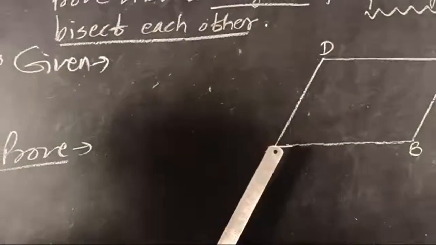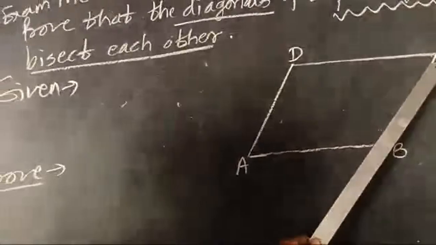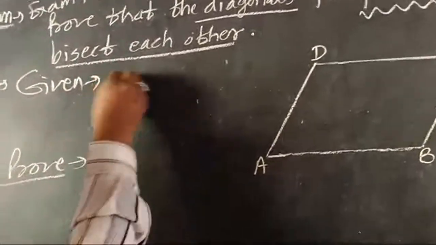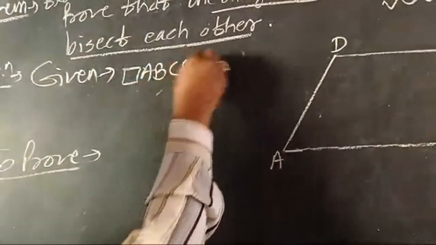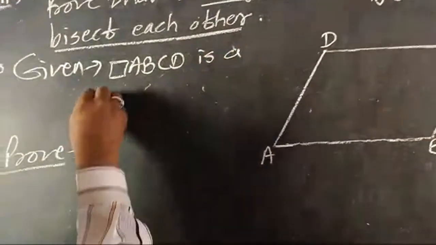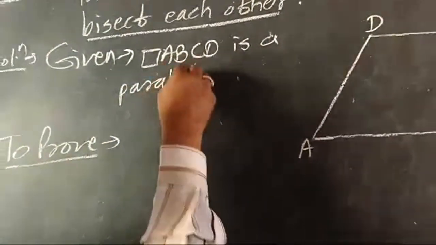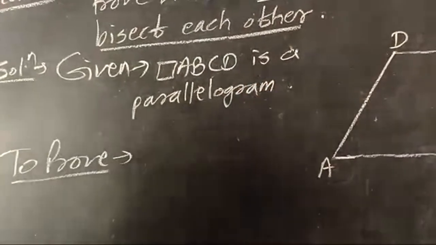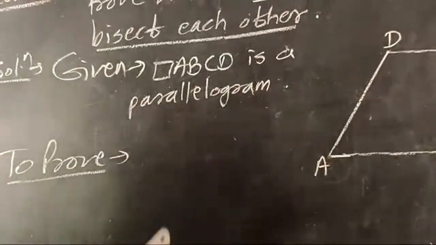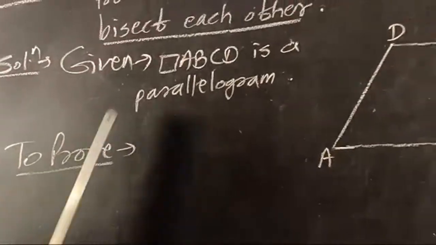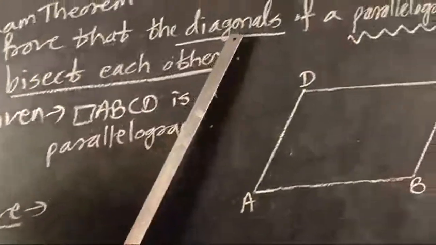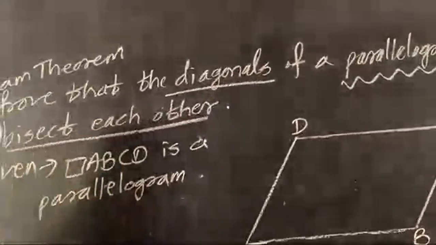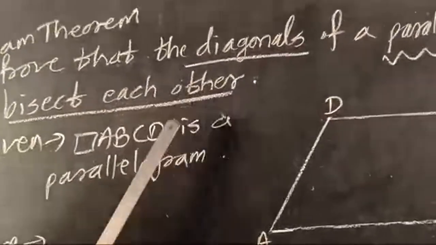Yes, quadrilateral ABCD is a parallelogram. Good. And in "to prove", what we prove here is that diagonals bisect each other.